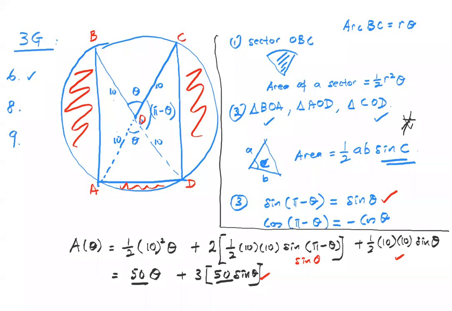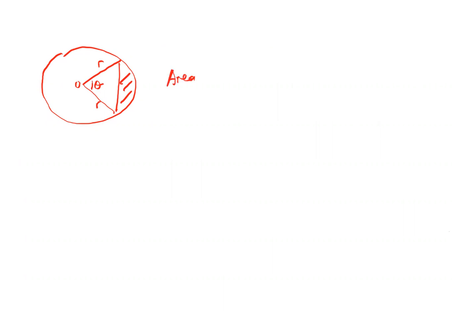Yeah, area of segment, apa formula tu? Forgot lah. So if I have the area of a segment, so I want to find this, correct? This is my R, this is my R, correct? So what is a segment? Segment is an area bounded by an arc and a chord.